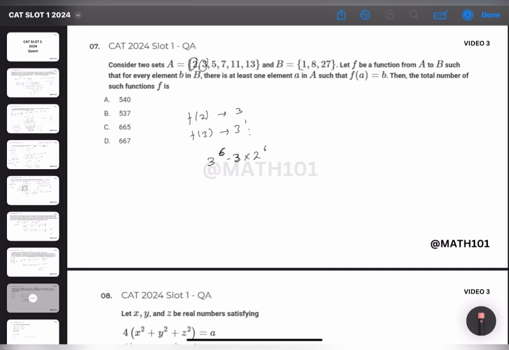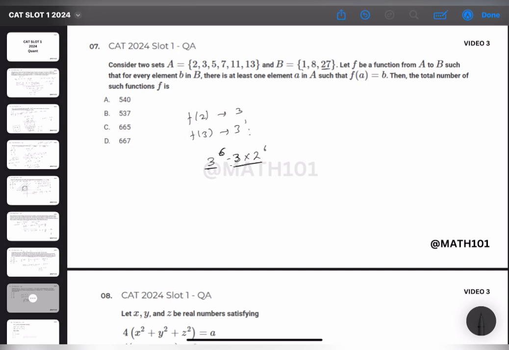But now what happens is, in this we have subtracted all the possible functions, and in this case, for example, when we took all the possible functions which do not map any value to 27, we also counted the functions which map only to 1.